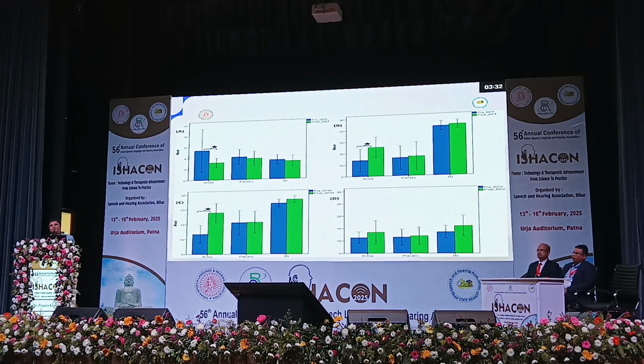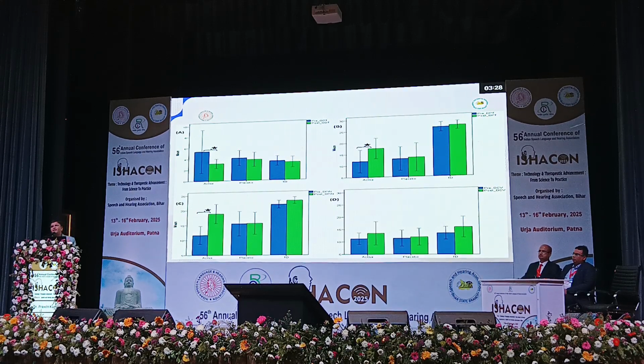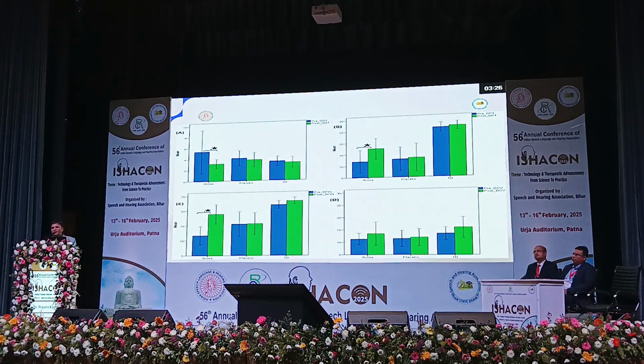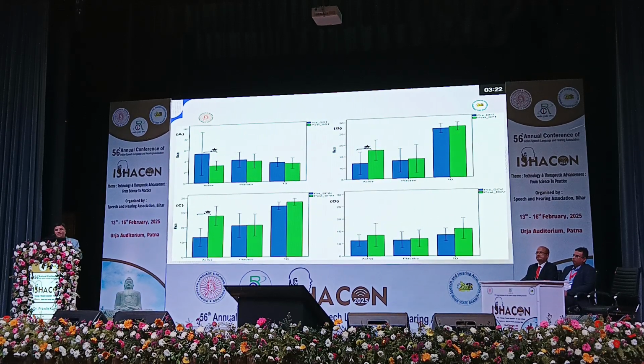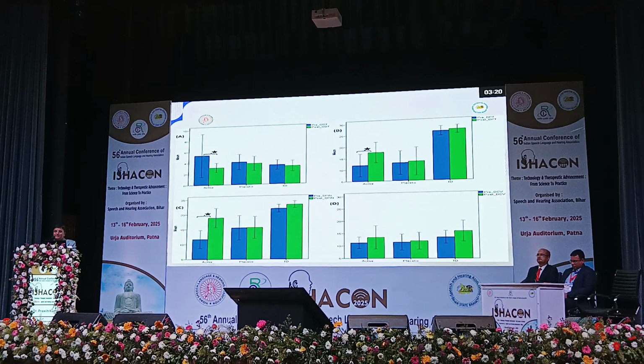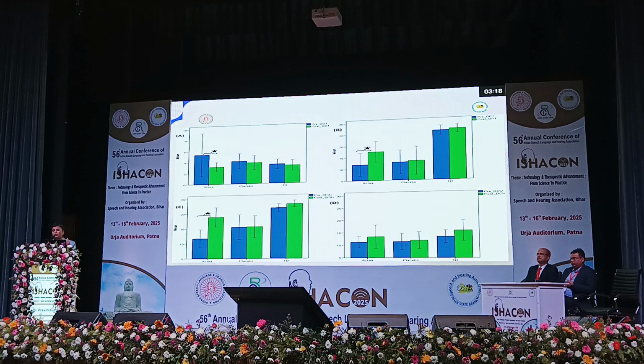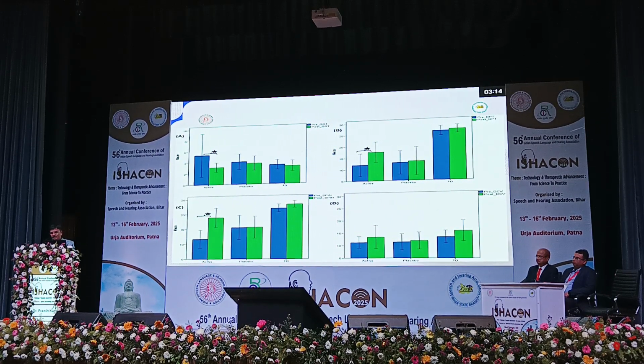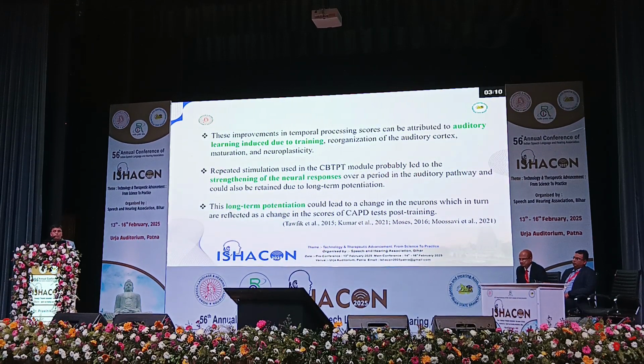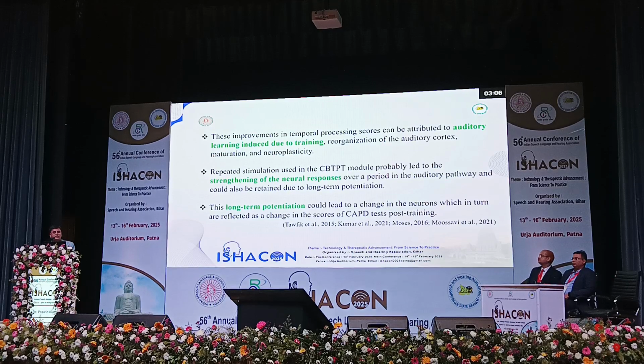So this gives another level of evidence that anything doesn't work; you have to have the training which is customized for your targeted group, and that's what works. Not any kind of game is going to help make functional changes in individuals who have a processing deficit. So these improvements in the temporal processing score can be attributed to auditory learning induced due to training.